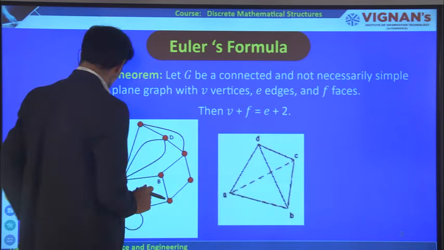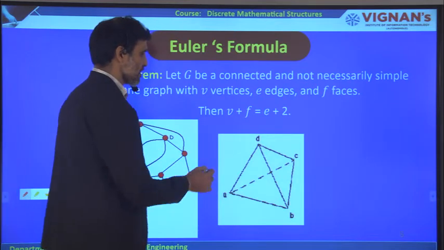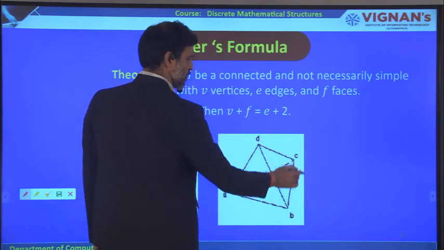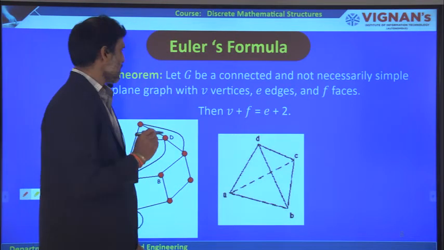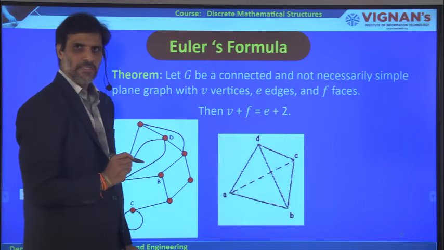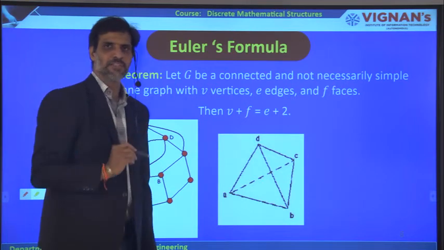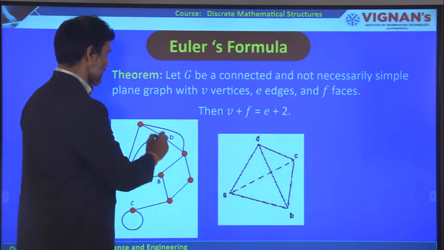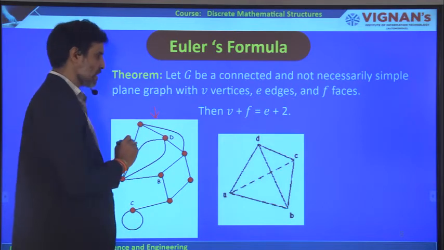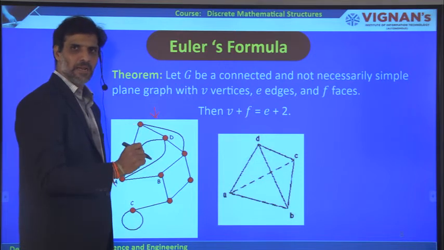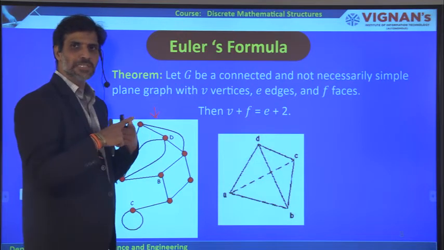Now coming to the second graph, in a similar way, but if you observe, the second graph is not a planar graph. The most important part of this Euler's formula is that you need to check whether the given graph is a planar graph or not. In the previous case I didn't mention that, but it is clearly a planar graph. Why? Because as per the definition of a planar graph, the edges must not cross each other.